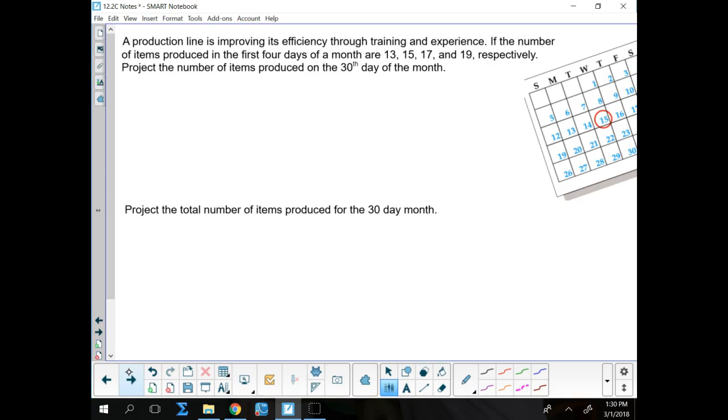Okay, well, my sequence is 13, 15, 17, 19, and so on and so forth, correct? Okay. So I want to figure out what's going on the 30th day of the month. So that's going to be this formula, right?